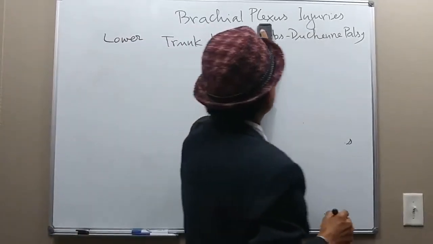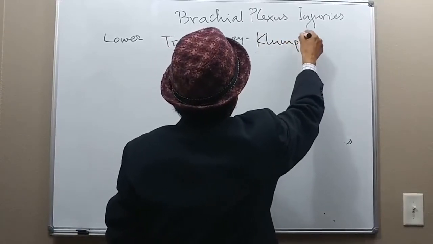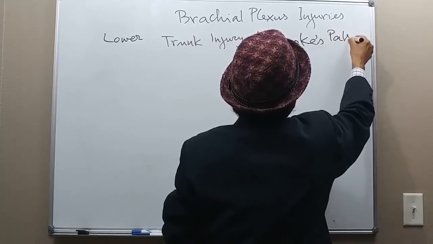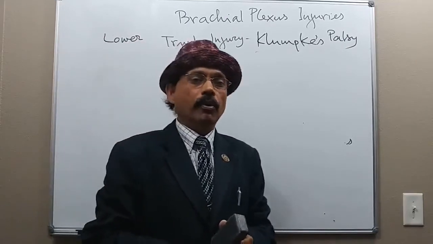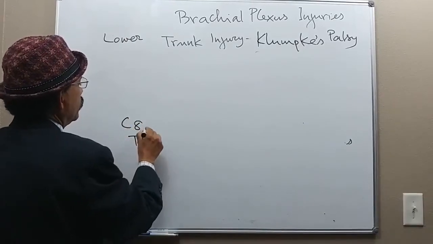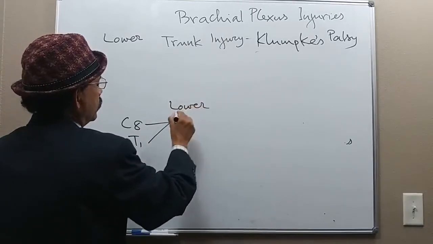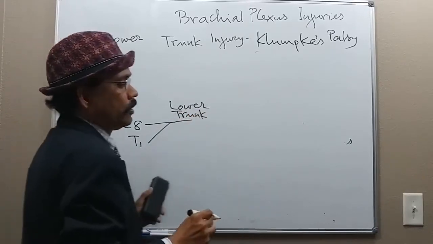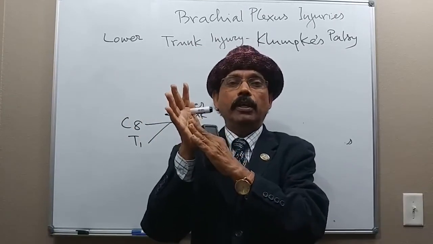Lower trunk injury is called Klumpke's paralysis or palsy. The lower trunk is formed by C8, T1, which unite to form the lower trunk of the brachial plexus, and C8, T1 innervate the intrinsic muscles of the hand.